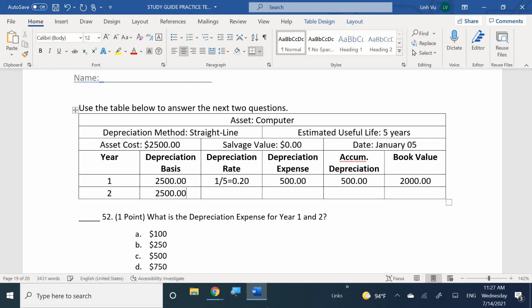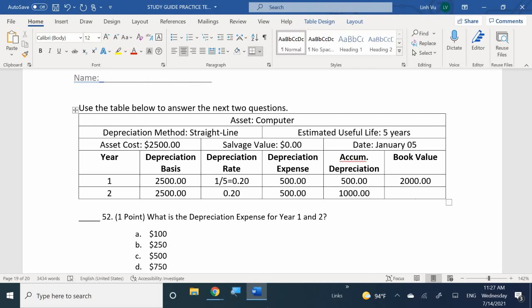So it's going to be 2,500. What about my rate? It's also going to be the same. And what about my depreciation expense? Same. It will also be the same. So in this case, my accumulated depreciation for year 2 is going to be 1,000. Okay, right? 500 from the previous year plus additional 500 gives you 1,000.